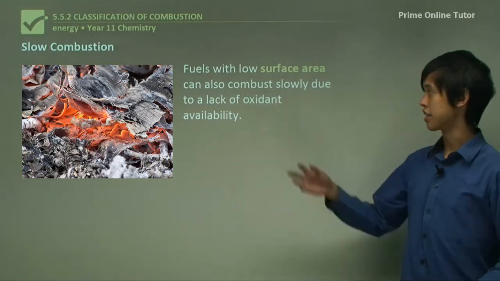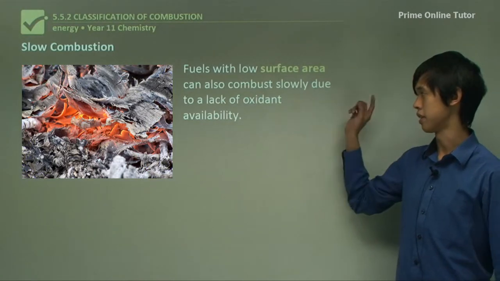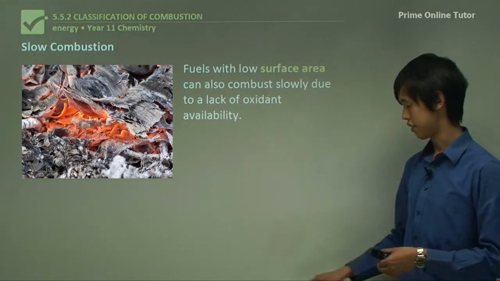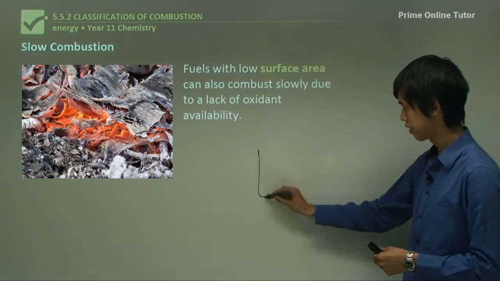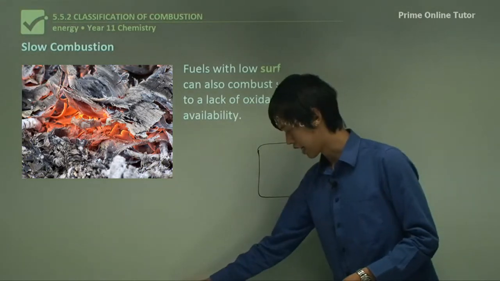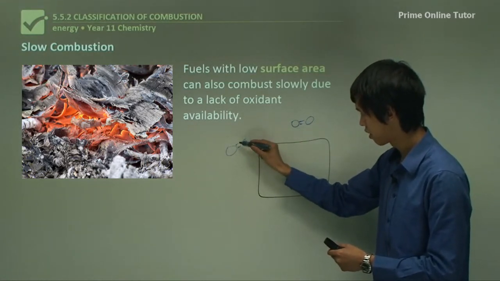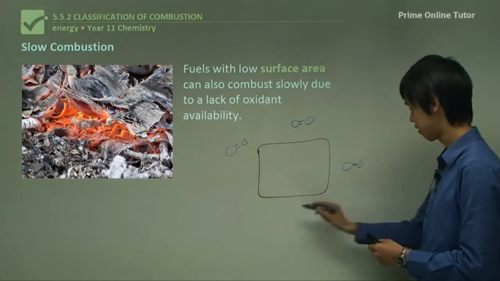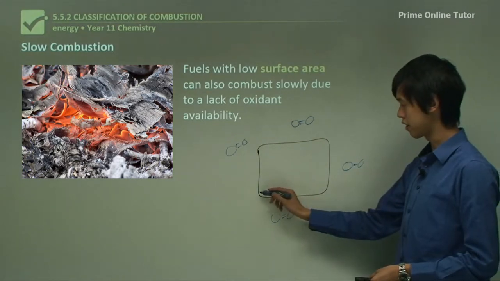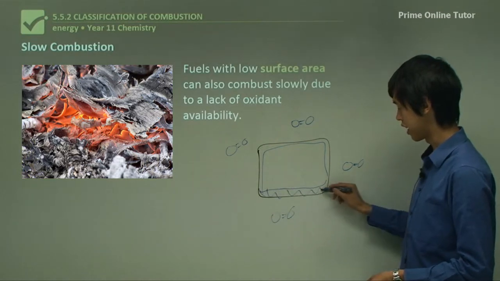Another way of looking at it is that fuels with low surface area to volume can also combust slowly because the oxidant can't actually access the fuel. So if you've got a lump of fuel like this, and you've got oxygen all around, they can only access the top layer, just this section on the outside.